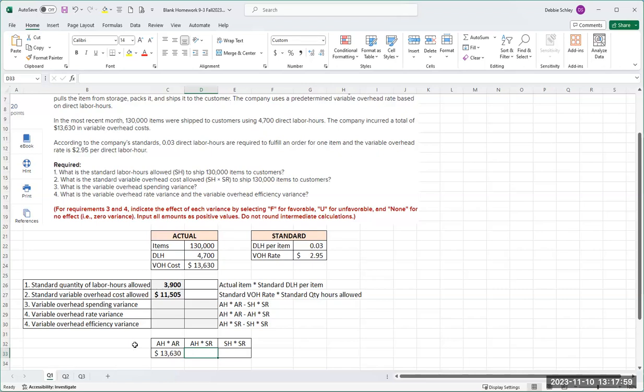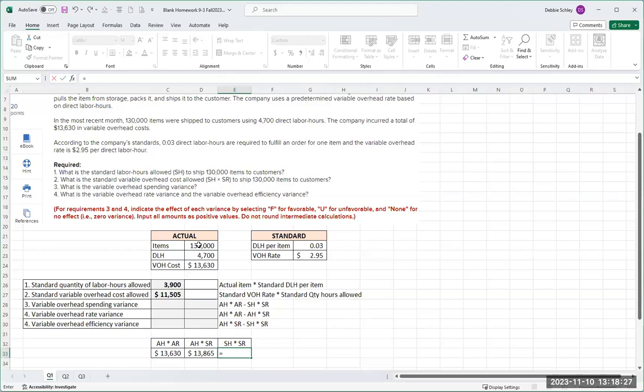So the actual hours, right there, direct labor hours, times the standard variable overhead rate per hour. And then this one, to get SH, if you'll recall, that's what we figured out in required one.